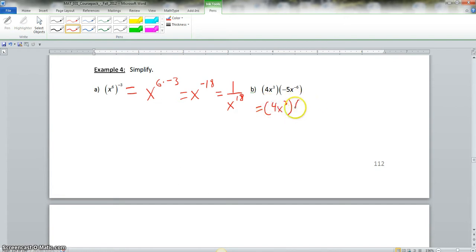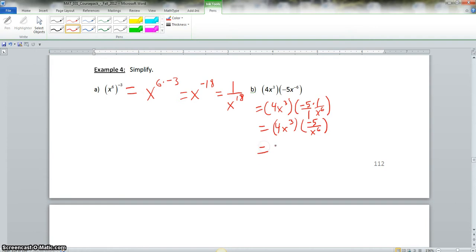And in this parenthesis, we have negative 5 times 1 over x to the 6th power. Now we can multiply what's inside of that parenthesis. And we will multiply that by putting a 1 under the negative 5. So this will end up being negative 5 all over x to the 6th power.